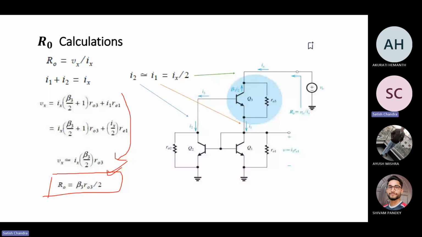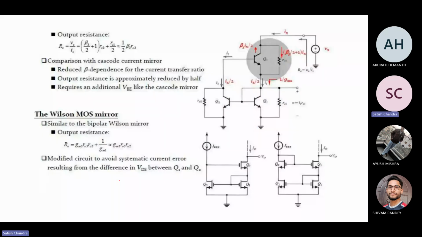So the output resistance comes like this one for the Wilson current mirror, and similarly to the bipolar Wilson current mirror, for the case of a FET we also get this value. So in the Wilson current mirror, we are achieving this advantage. Both are very improved versions of the current mirrors.